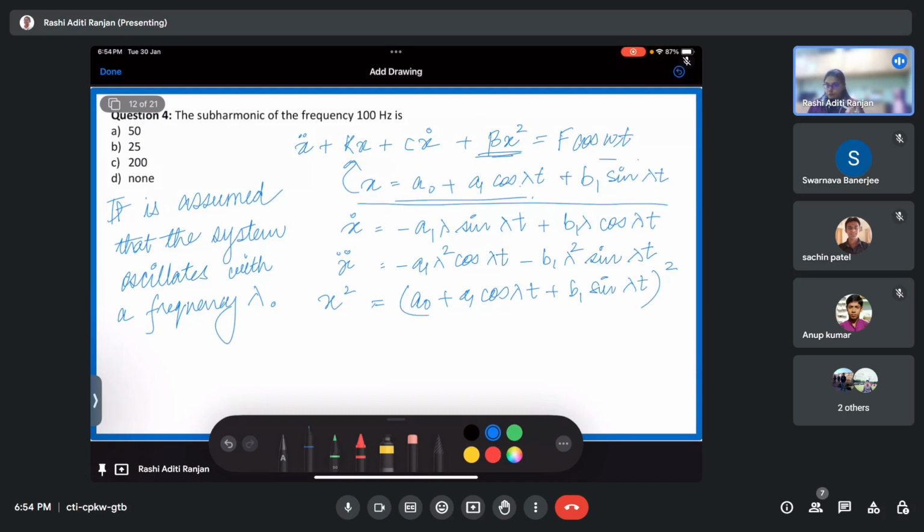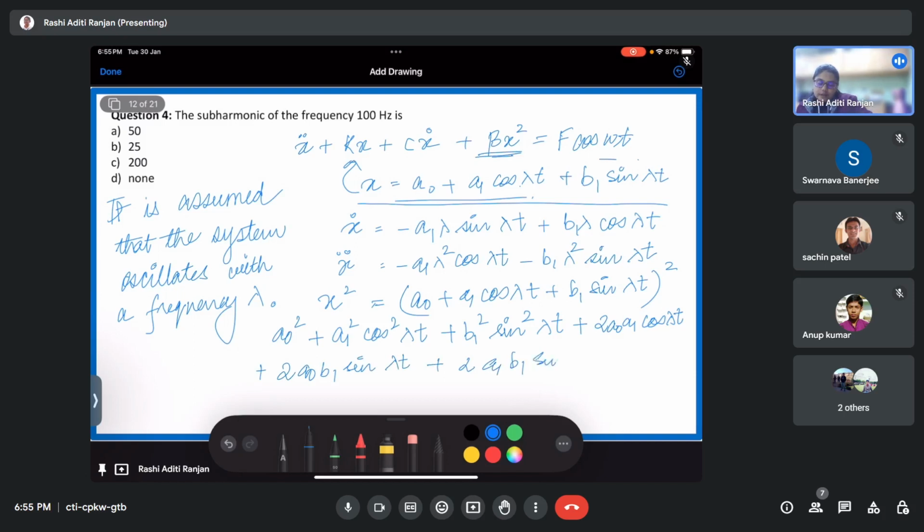So by using the formula of (a + b + c) whole square, we can evaluate this, which would give us a naught square plus a1 square cos square lambda t plus b1 square sine square lambda t plus twice of a naught a1 cos lambda t plus twice of a naught b1 sine of lambda t and plus twice of a1 b1 sine of lambda t cos of lambda t.